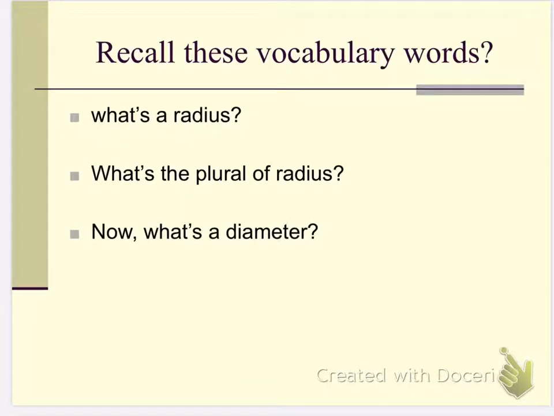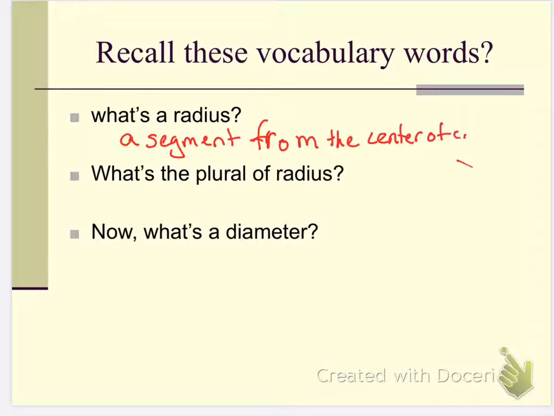Okay, so this has been a while, well, maybe not that long, from the last sections. So what is a radius? Well, it is a segment from the center of the circle to a point on the circle.